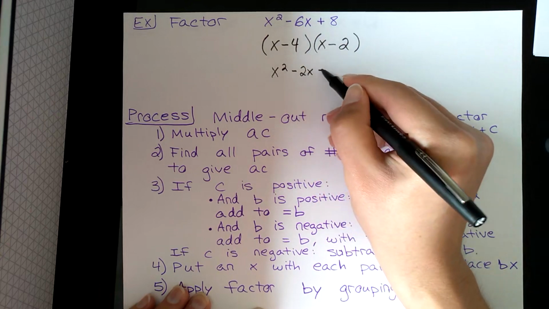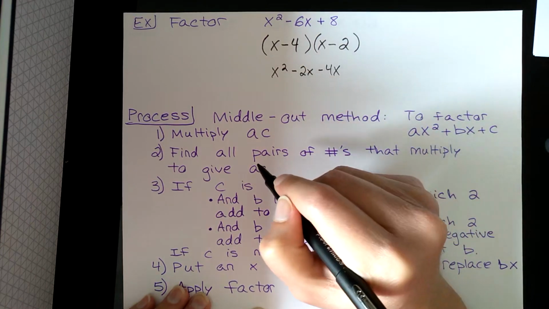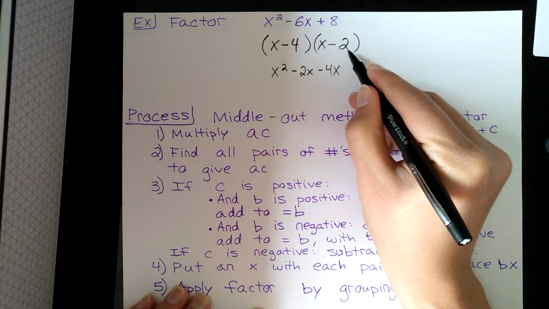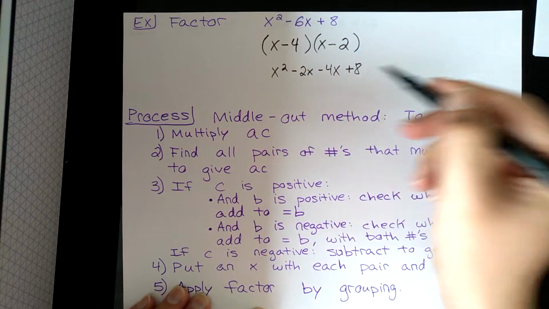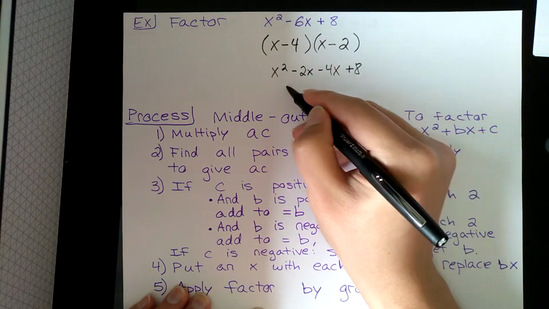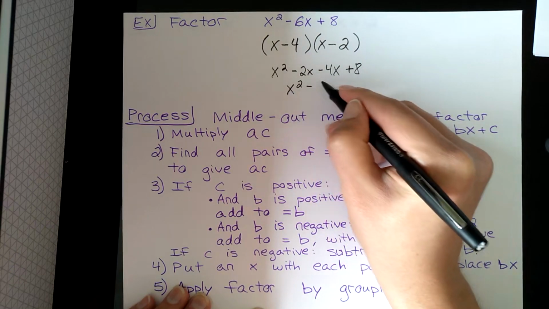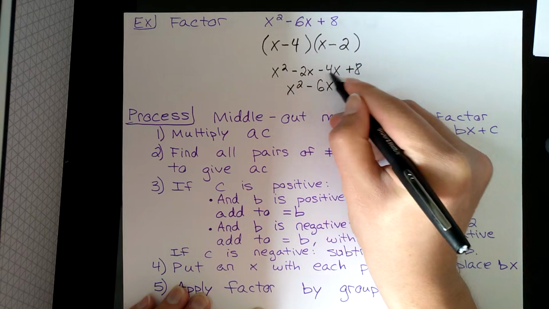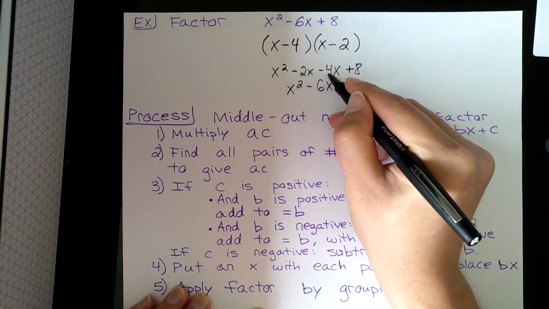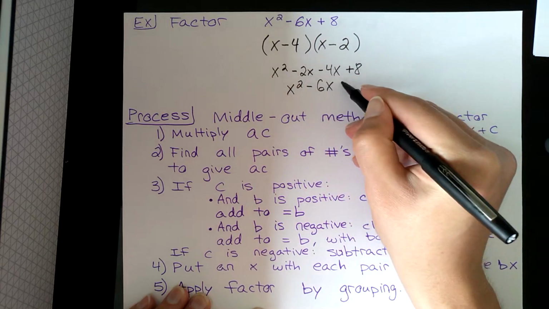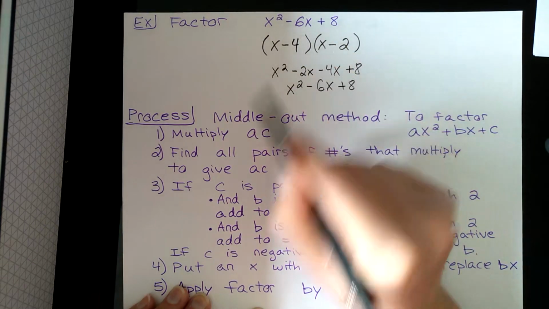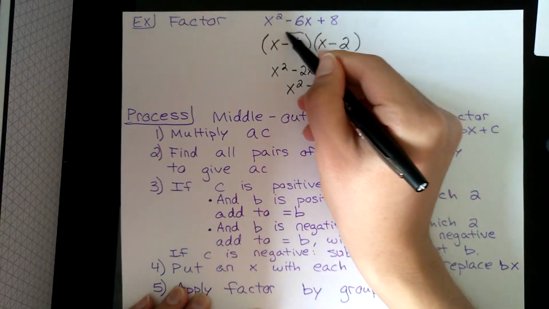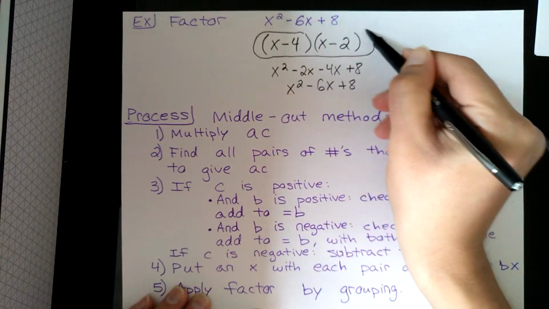Negative 4 times x is minus 4x. And negative 4 times negative 2 is positive 8. Combining our like terms together, we get x squared minus 6x. Negative 2 minus 4 is negative 6. Plus 8, which is exactly what we started with. So we have found the correct answer.